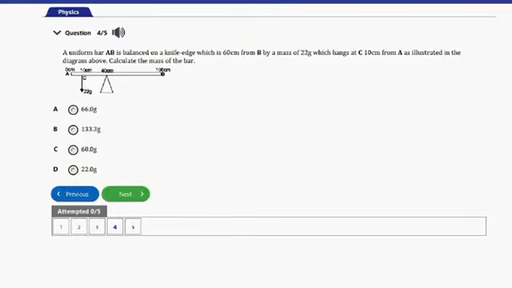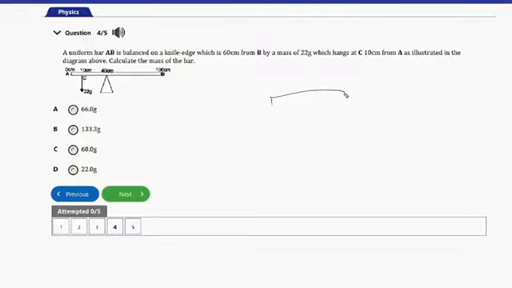It says, a uniform bar AB is balanced on a knife edge which is 60 cm from B by a mass of 22 grams, which hangs at C 10 cm from A as illustrated in the diagram above. Calculate the mass of the bar.